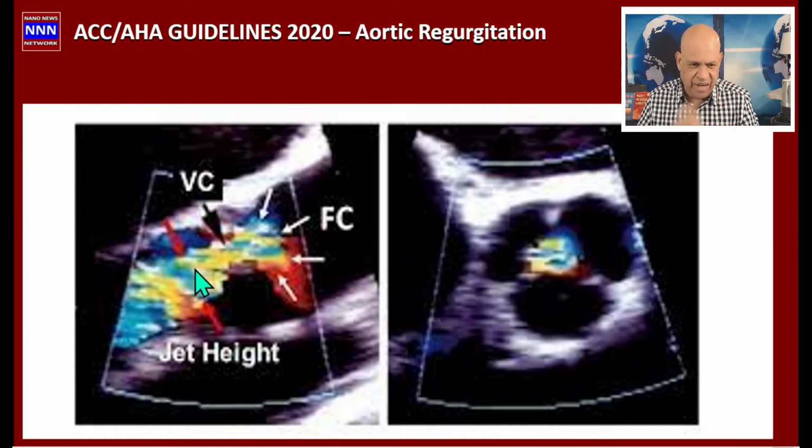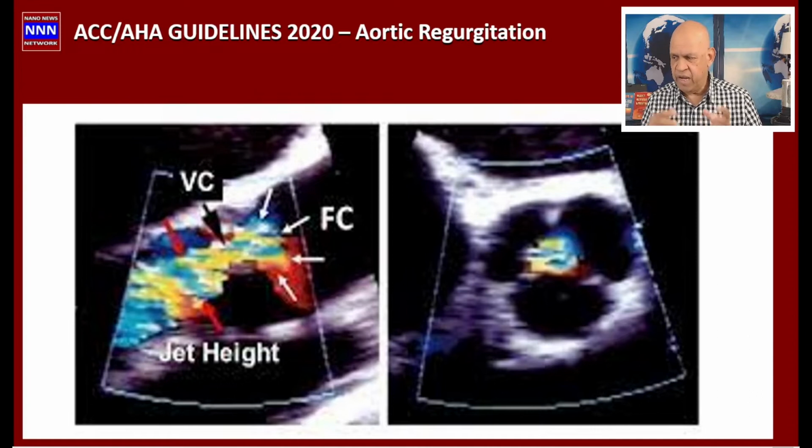So here are certain points worth noting. This is called the neck of this regurgitant jet, which is called the vena contracta, and then we have the flow convergence, which looks like a dome here. After that, we have the jet height, and we also have the jet length, and this is compared to the left ventricular outflow tract to determine the degree of aortic regurgitation.